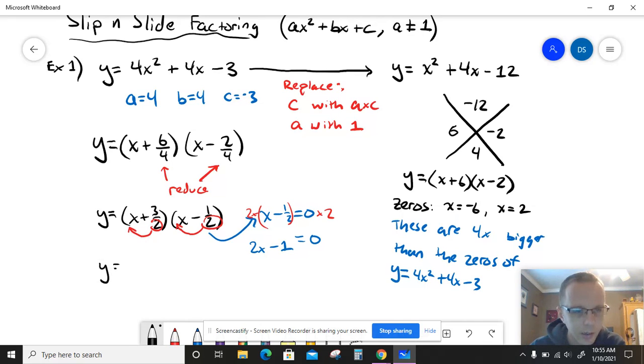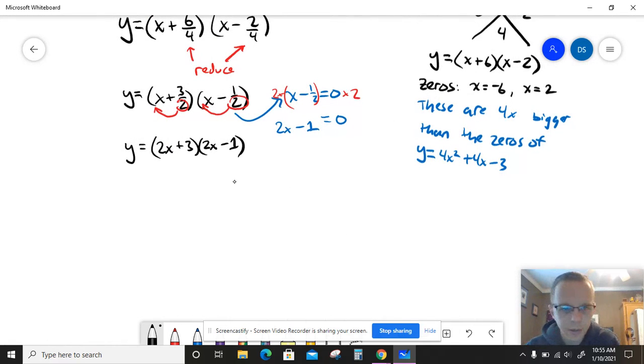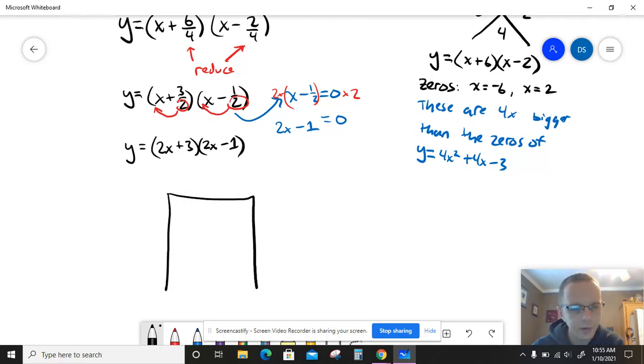And we have y equals 2x plus 3 times 2x minus 1. So are those the right factors? Well, let's check. If I want to check my work, I can multiply these things together. So remember how we multiply. We make this box and separate it up.